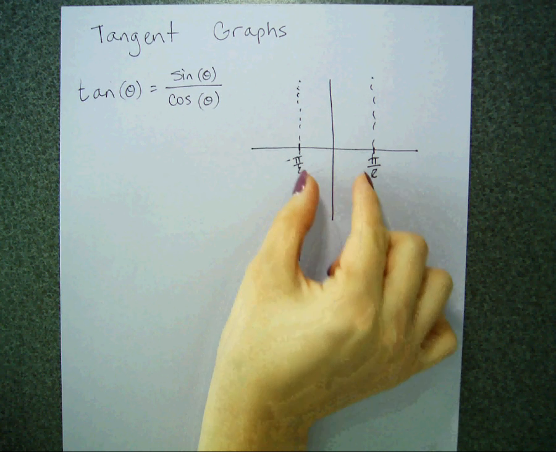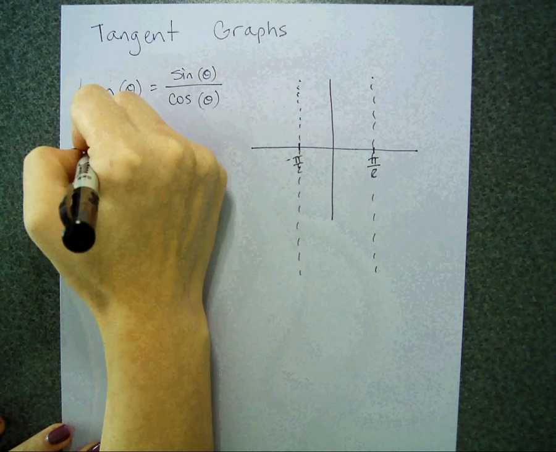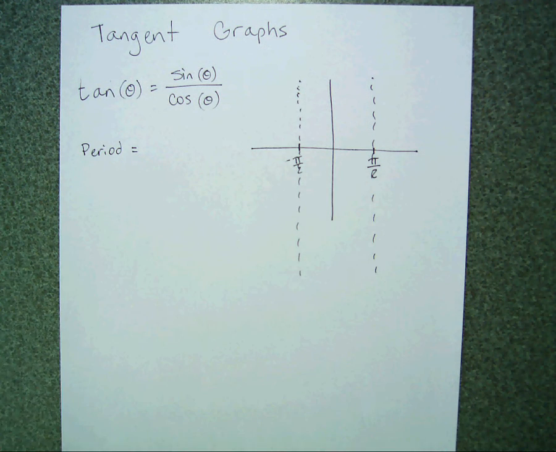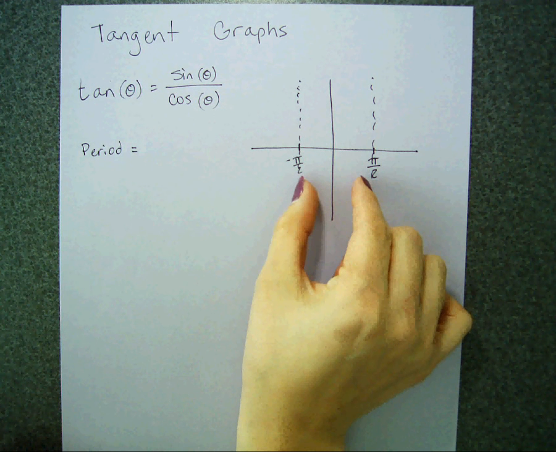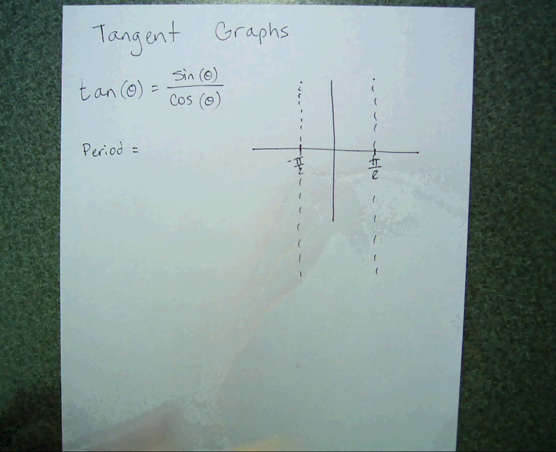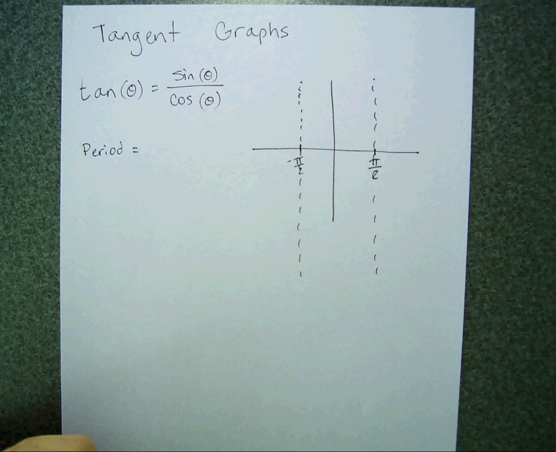So what is the period of tangent? If all of my graph is contained within this interval, what's the length of this interval? Negative pi over 2 to pi over 2. How wide is it? 1 what? 1 pi.